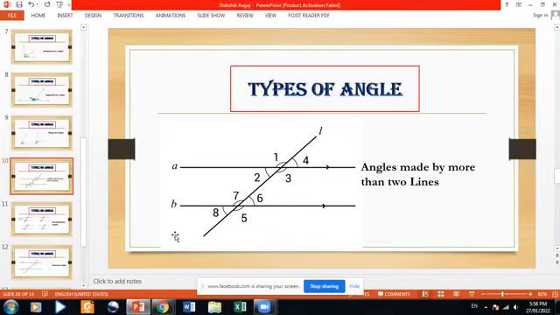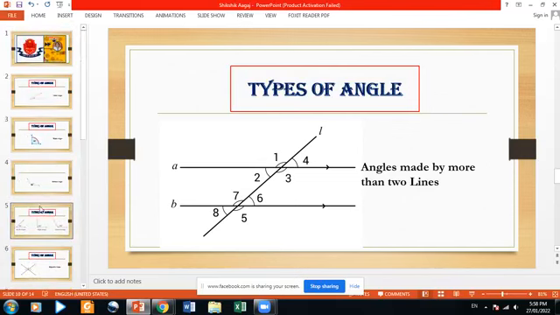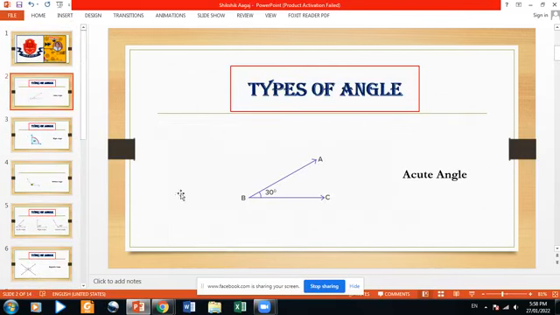now we will see more types of angles. Actually, we have seen first of all what an angle is: the union of two rays from one origin, in different directions.